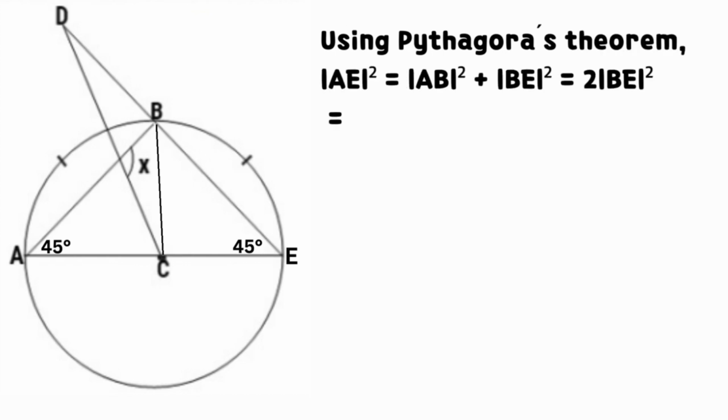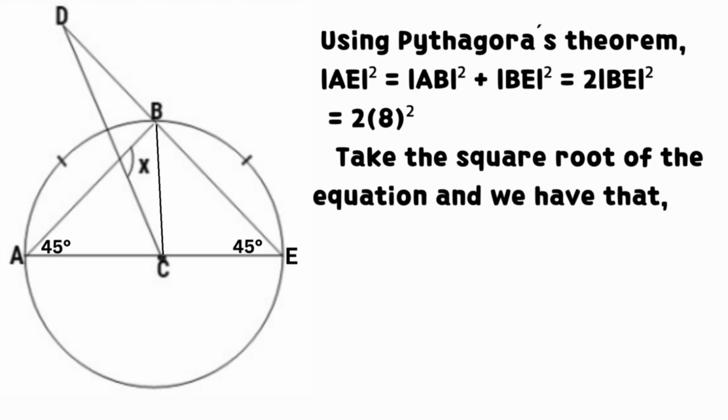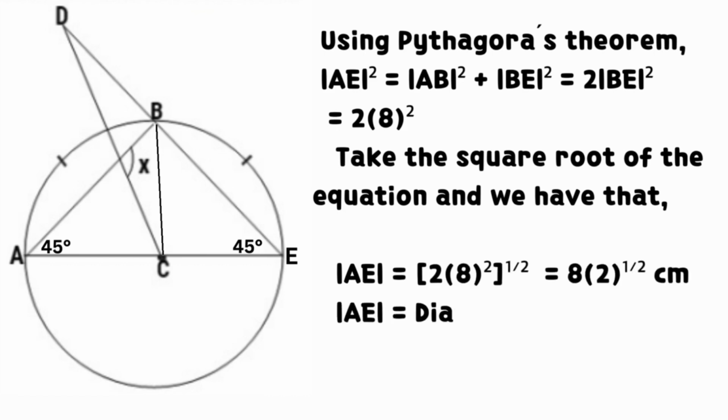Using Pythagoras' theorem, the square of line A, E equals the sum of the square of line A, B and the square of line B, E, which equals the product of 2 and the square of line B, E. The result equals 2 times the square of 8. Take the square root of the equation and we have that line A, E equals the product of 8 and the square root of 2 in centimeters.